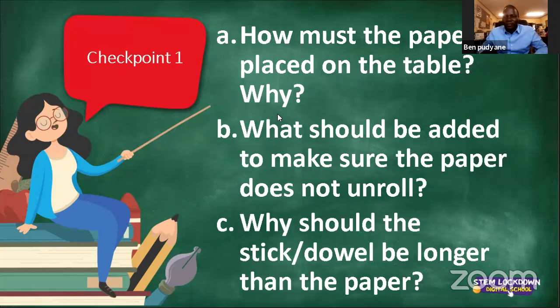Okay, I believe you understand this question. When you apply the glue on the edges, meaning where the paper ends, then it will be able to stick onto itself, and it will not unroll.